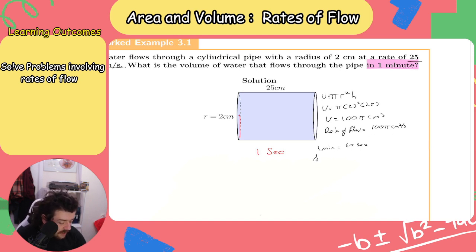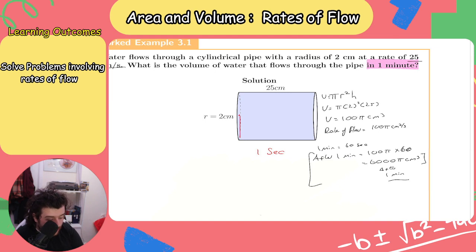After 1 minute, it's going to be 100 pi times 60, which is 6,000 pi centimeters cubed. That is how much water is being shoved through the pipe after 1 minute, so it would be 6,000 pi centimeters cubed per minute. So that is an example of rates of flow.